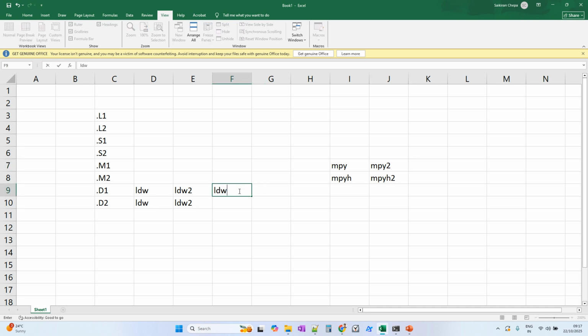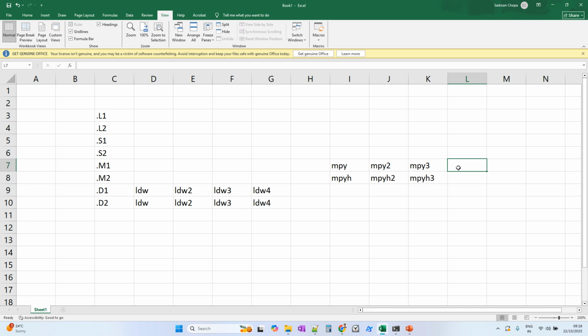Next we can do LDW3 also. Third load also we can do. So again you will come here, MPY3 will come, MPYH3 will come here. So still we can do some more loads. LDW4 we can do, we are unrolling it actually.